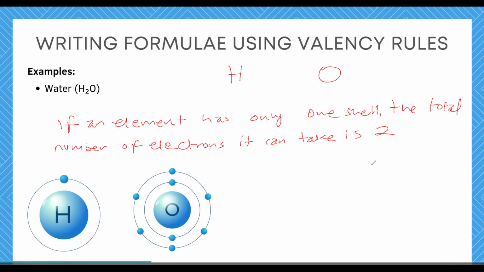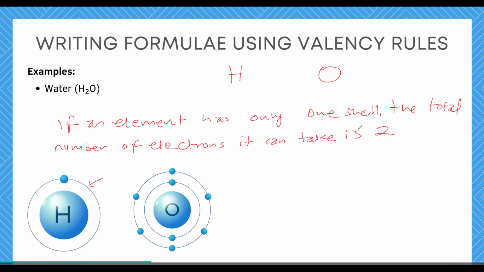Is this a definition? This is not a definition of anything in particular. This is just one fact I want you to know because we're going to apply this to hydrogen. How many shells can you see on hydrogen? One. Very good. How many electrons can it take? No, no. It has just one shell.